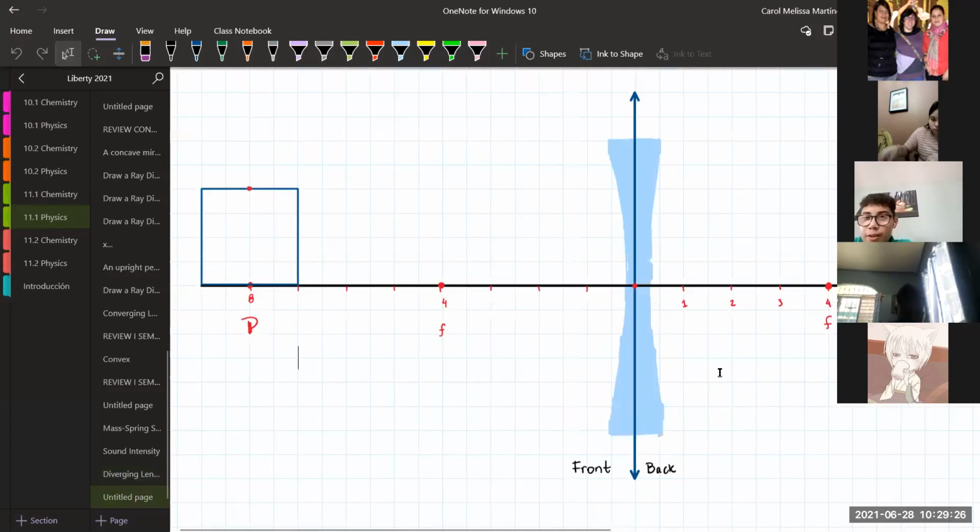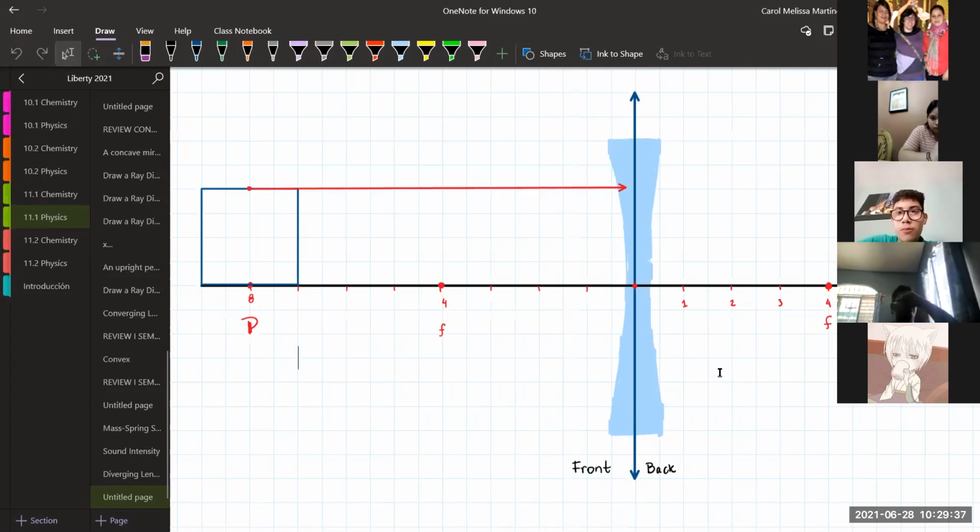Okay, so that's exactly what I'm gonna do. The first ray in red pen or red color, straight horizontally to the center axis, to the y-axis, sorry.